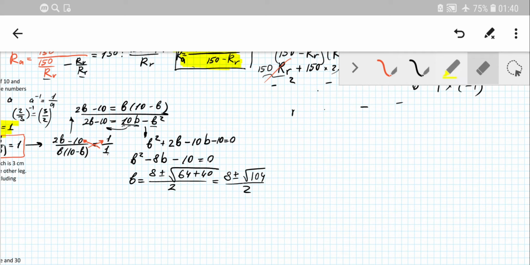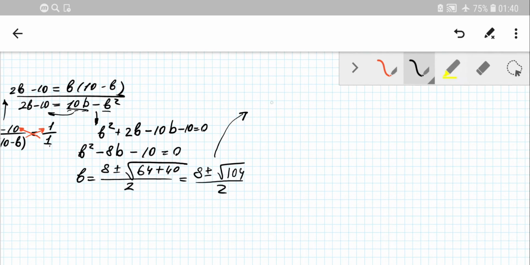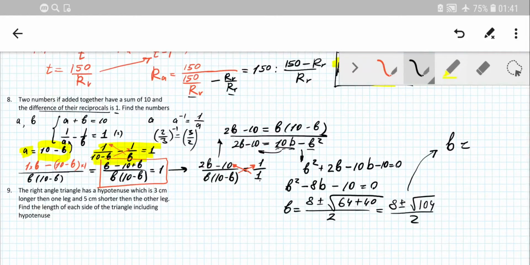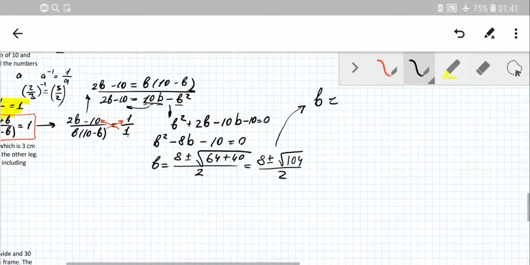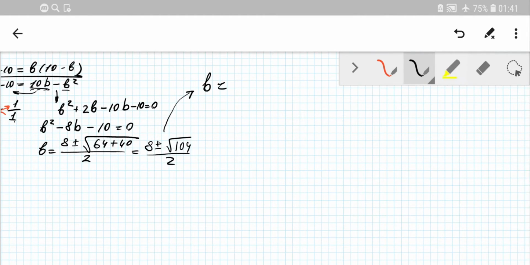So I'll erase that. And now what we're going to do, we're going to use calculator. Okay, so my goal is to calculate b values. So we don't have any restrictions. So we've got two numbers, no matter which they are, they might be natural, positive, negative integers, they might be irrationals, because obviously we're going to have a surd here, square root of number that cannot be calculated precisely, so that's why it's irrational.